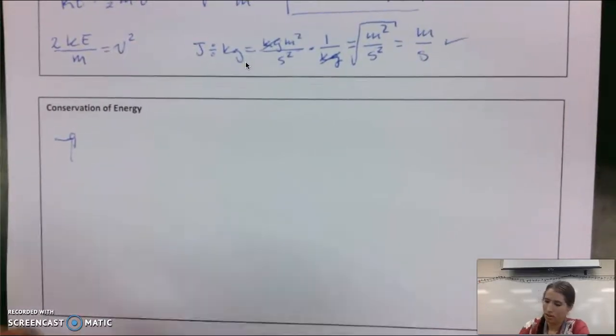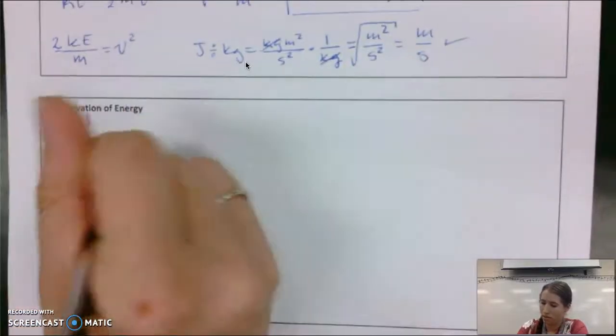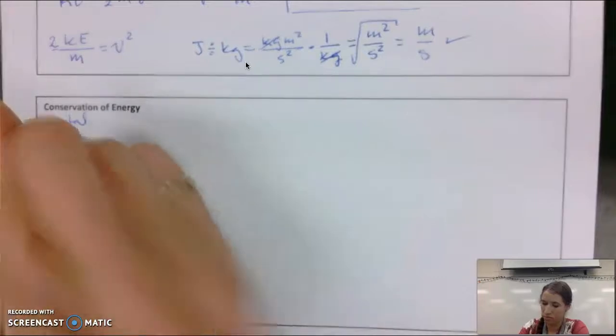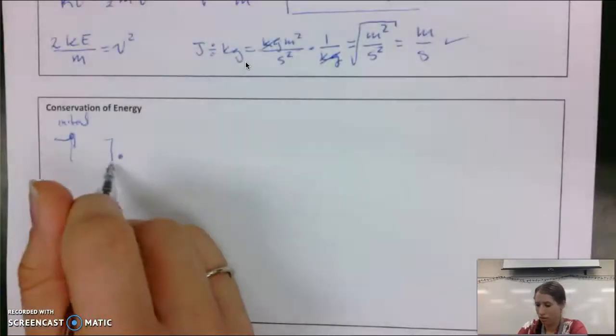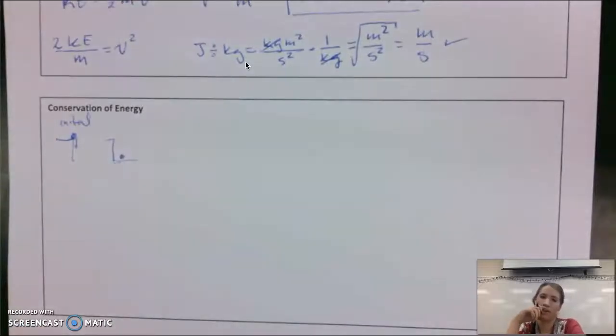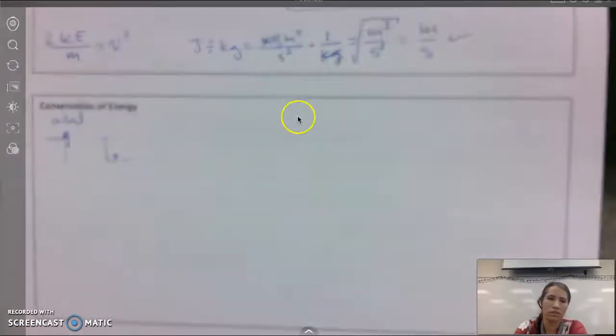So this would be initial, and then we have our final, the ball down there on the ground. We could also think of it as the moment right before it hits the ground.